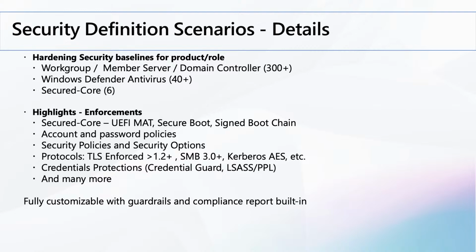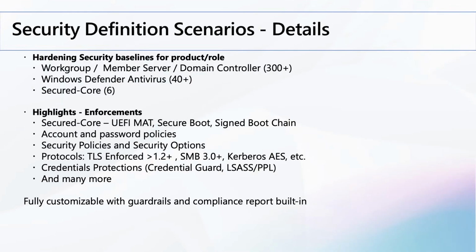And we also looked into the recommendations from governing bodies like CIS and STIG and came up with our own exhaustive list of baseline for each server role type, taking advantage of the new features and capabilities offered in Windows Server 2025. So currently you will see that we have 3 baselines: workgroup, member server, and domain controller.